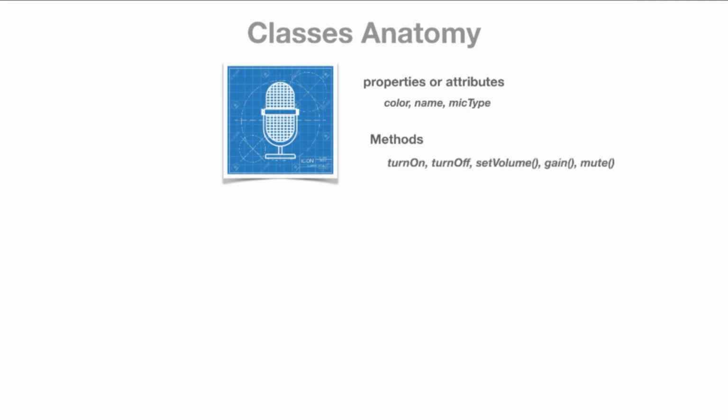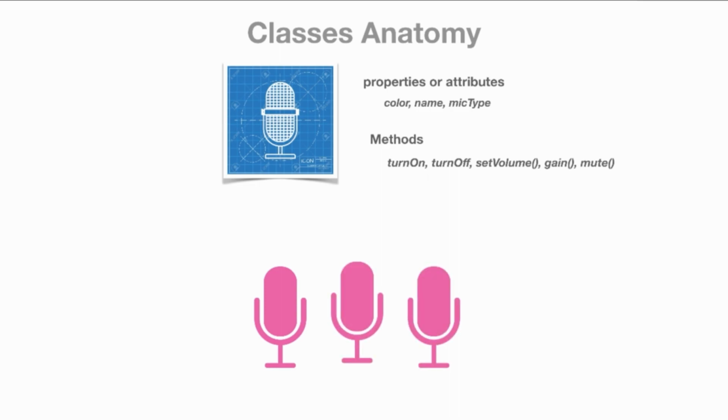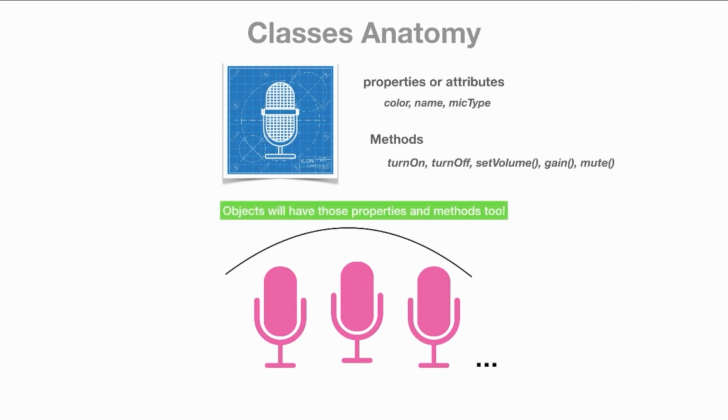Well, the mic can turn on, it can turn off, we can set the volume, we can set the gain, mute, and so many other things as well. So these are characteristics of our blueprint, of our class, which means with those characteristics, we can then create as many objects, as many real-world mics as we want. All of them, of course, will have those properties and methods too.